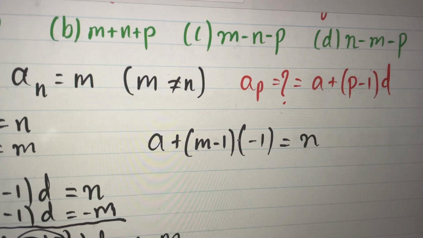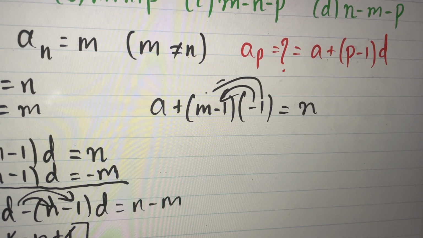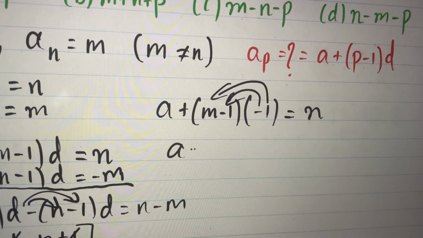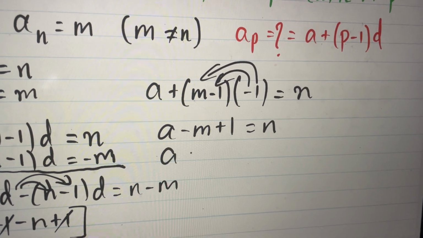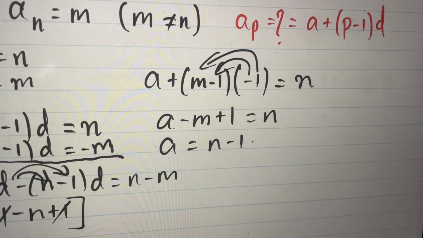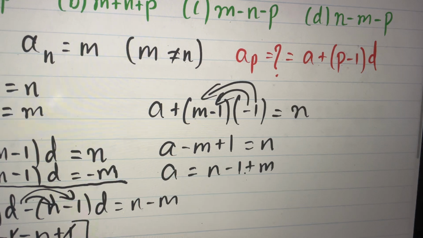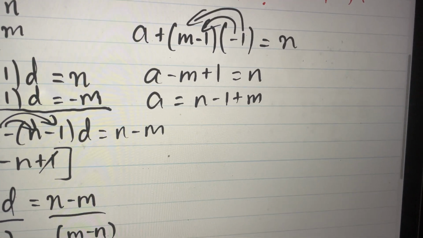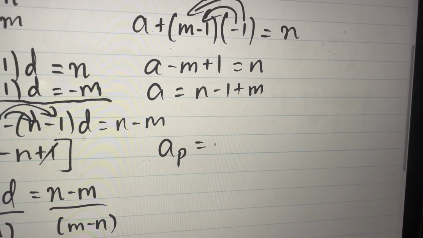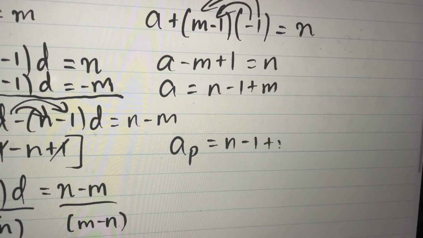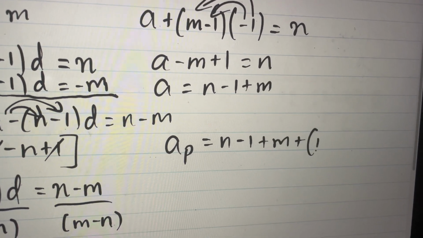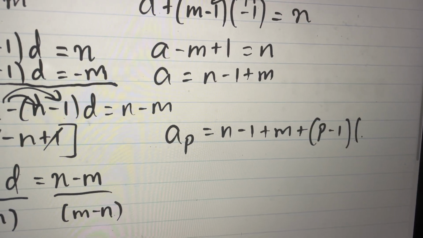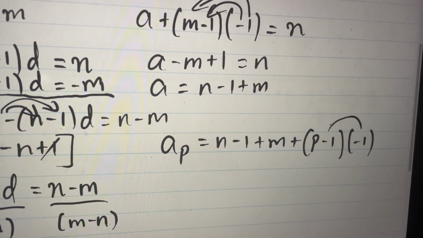Now I'm going to distribute this. It's gonna be minus m plus 1, which means a is equal to n minus 1 plus m.